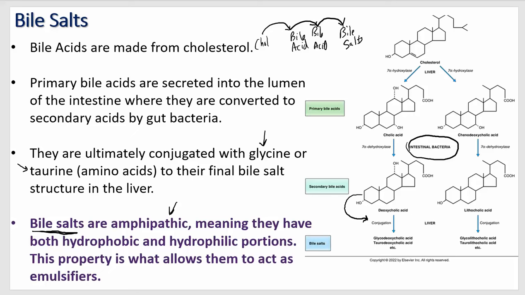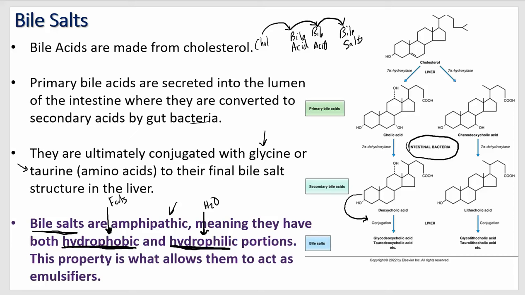Now, remember we were talking earlier about how fats are insoluble, and that's because they're hydrophobic, so they don't interact with water. And so the bile salts will relate to that side with their hydrophobic side, so they'll interact with fats, but the bile salts also have a hydrophilic part, which will let them interact with water, okay?